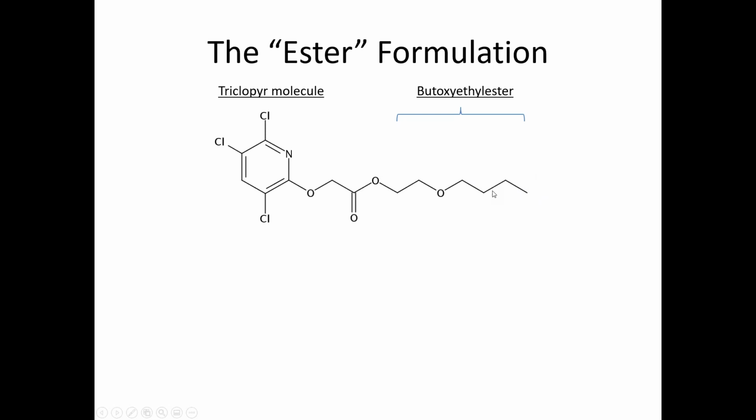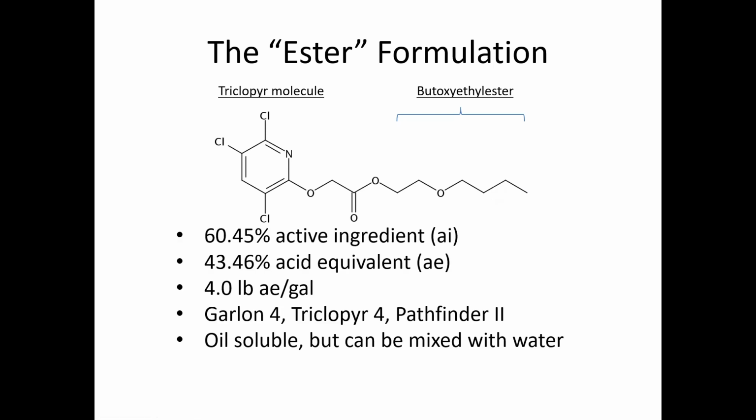And that comes into play regarding its solubility, and also regarding the way they can formulate this product. In this case, the ester formulation has a 60.45% AI. That's the equivalent to 43.46 acid equivalent. And this gives us a 4 pound per gallon acid equivalent of Triclopyr, of the base Triclopyr molecule here.